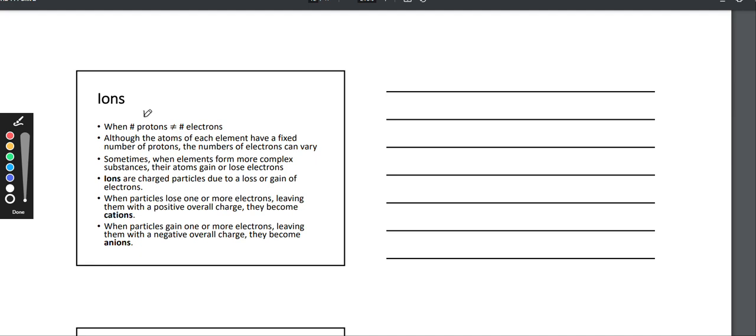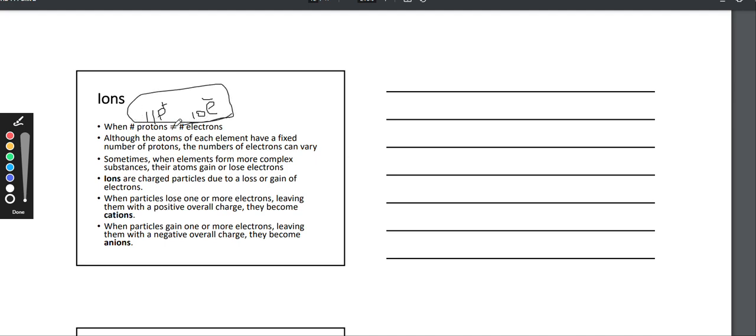Okay, so the number of protons will always remain the same. It never changes. The number of electrons, however, will change for sodium. So sodium can lose an electron, okay, and become an ion, a sodium ion, with 10 electrons.